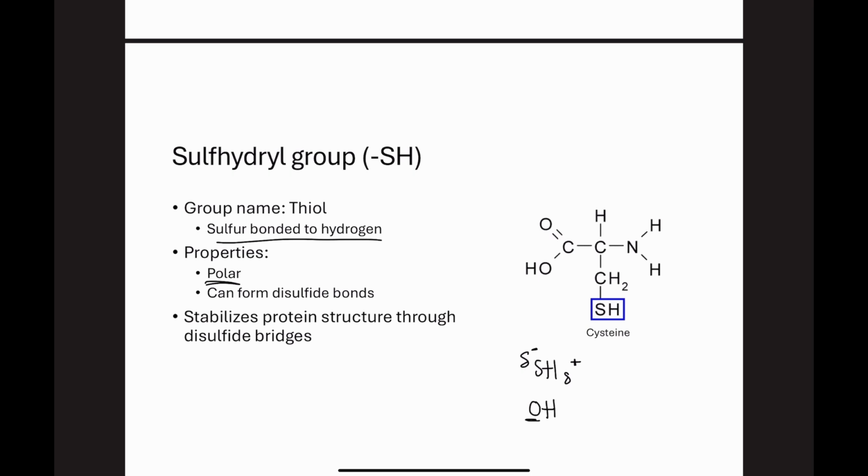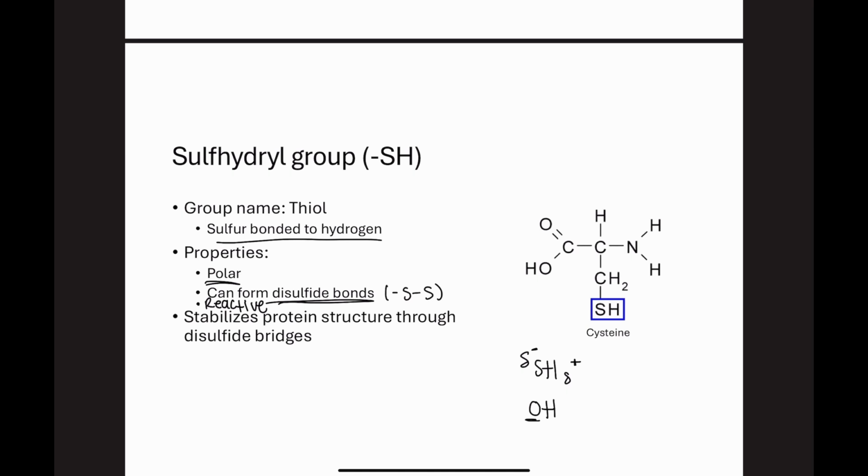And something else that is really important about our sulfhydryl group is that it has the ability to form disulfide bonds. So the sulfhydryl group is very reactive. And it's because the sulfur atom has this ability to form disulfide bonds, which would look like this.